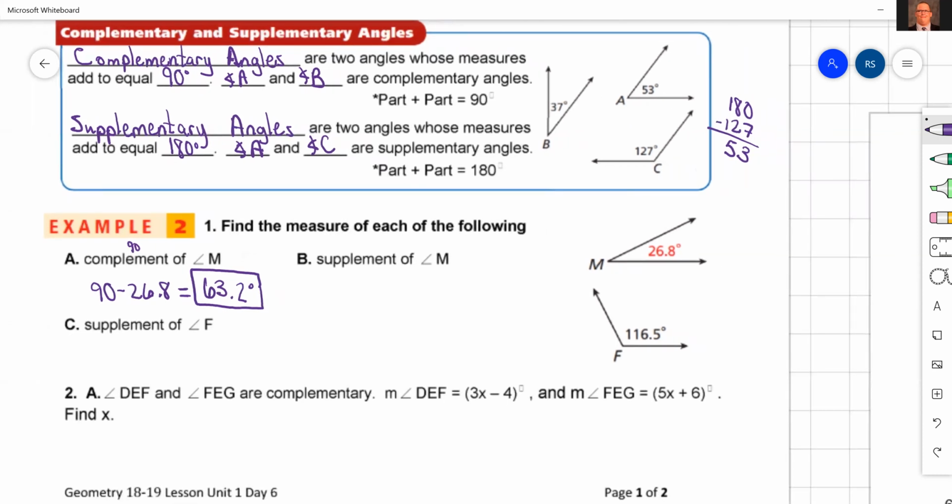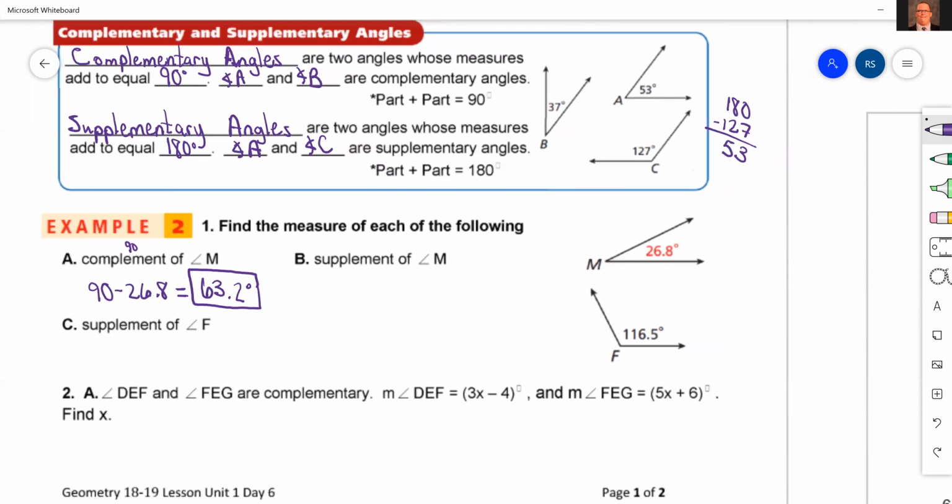Now it asks for the supplement of angle M. Supplementary is 180. So we're going to have 180 minus angle M again, 26.8. And that's going to equal 153.2 degrees.